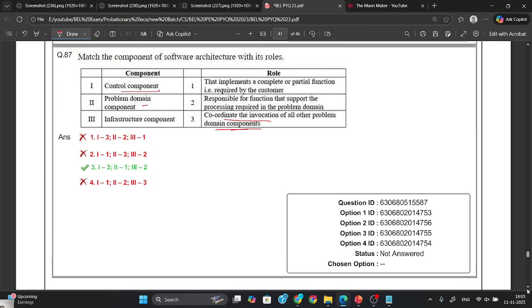The role of the problem domain component is to implement a complete or partial function required by a customer. And the infrastructure component is responsible for functions that support the processing required in the problem domain. So option 3 is your right answer.